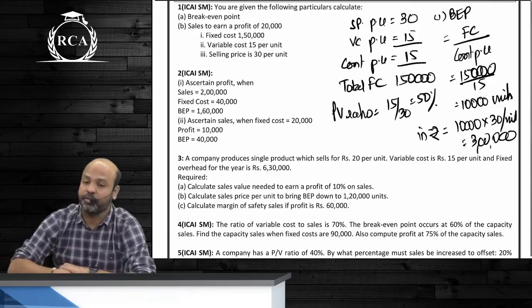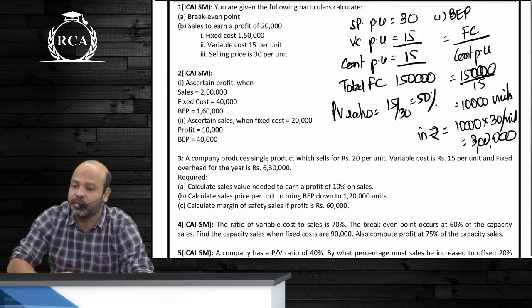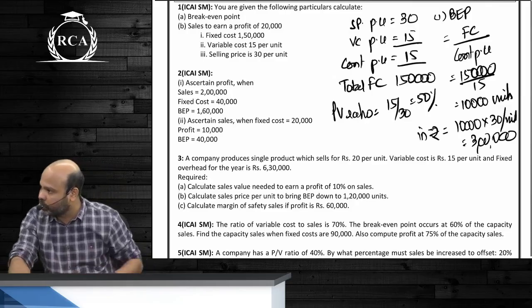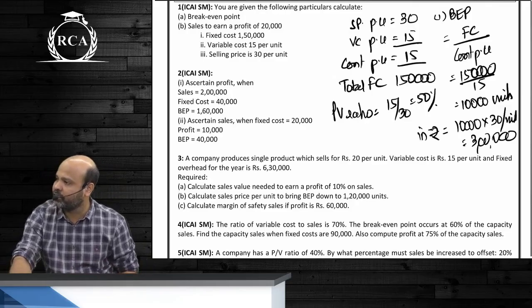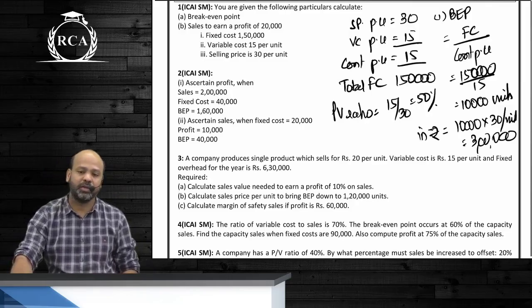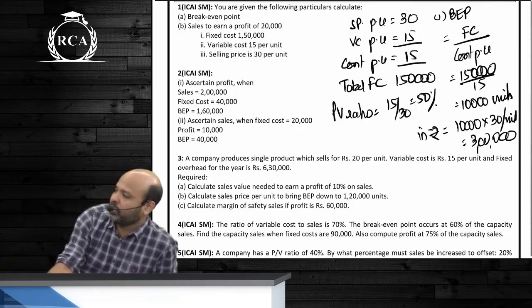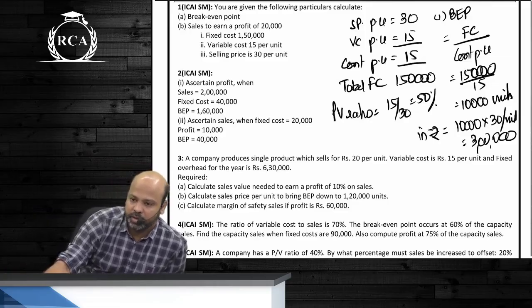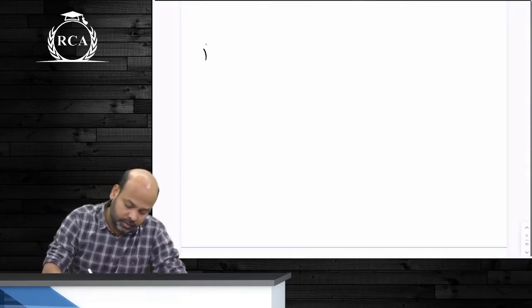Sales for a profit of 20,000. So you know that the contribution will now be equal to 1,70,000. So I'll write 1,70,000 divided by 15 rupees per unit. 11,333.33 units. That's 11,333 units.